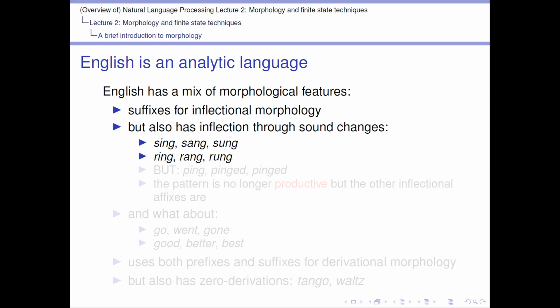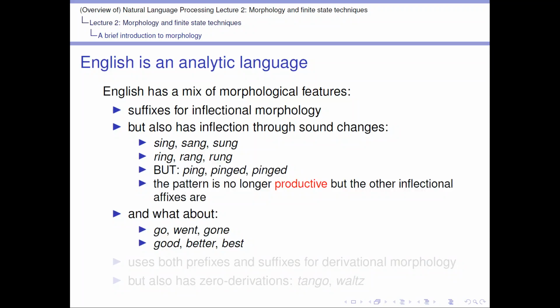So we have things like sing, sang, and sung. This is actually called ablaut morphology, where the sound changes to indicate something inflectional about the word. But this is no longer productive in English because if you were going to ping someone on a computer, you can't say pang. It's pinged, not ping, pang, and pung, right?